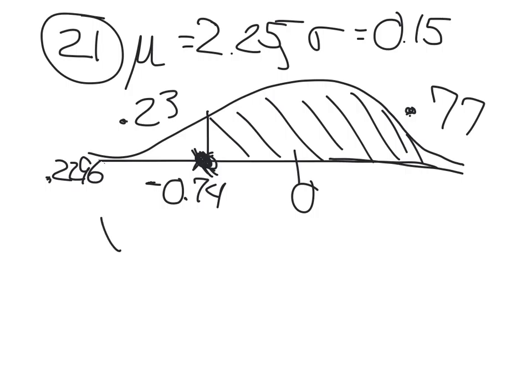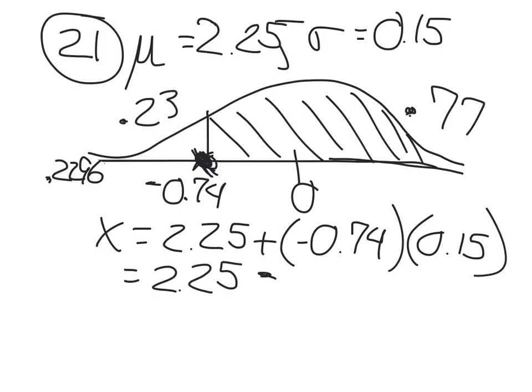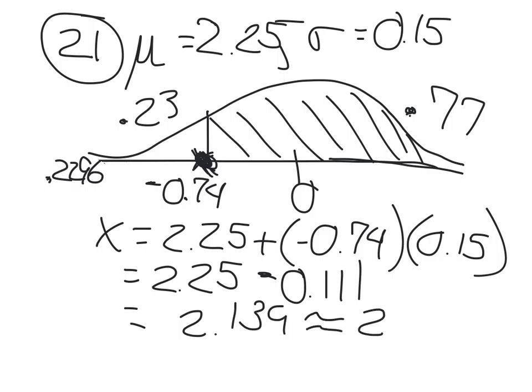So when we plug into our formula, we're going to have 2.25 plus a negative 0.74 times 0.15. And that's going to give me 2.25 minus 0.111, or 2.139. And the closest answer that you have in your set is 2.14. Okay? Hope this helps.